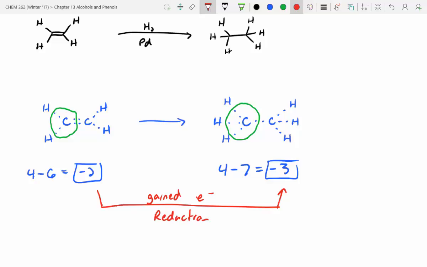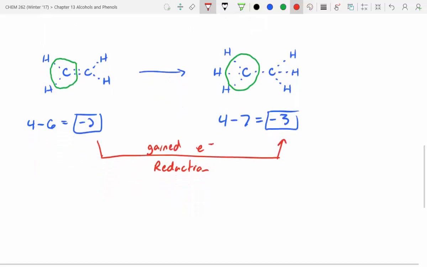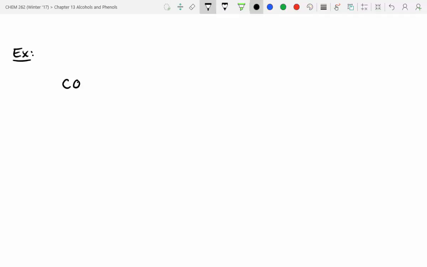You guys want to try another one? A little bit different? All right, let's mix this one up. So CO2 to methanol, I want you guys to help me determine whether or not the carbon is being oxidized or reduced and how many electrons are being transferred in this process. We don't know the reagents that are used. However, this is a catalytic transformation.